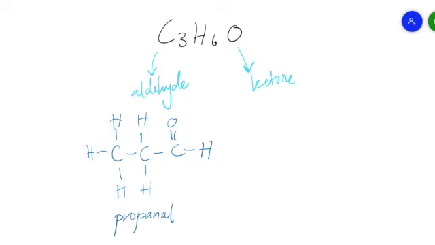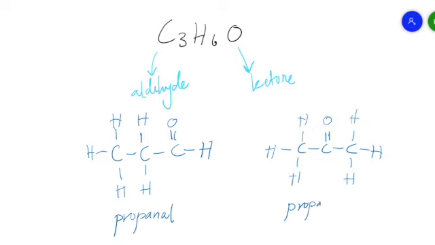Whereas the ketone, again, there are 3 carbons in the main chain, but a ketone is double bonded to just the oxygen with no other hydrogens present. So this is what this molecule would look like. And this is called propanone.